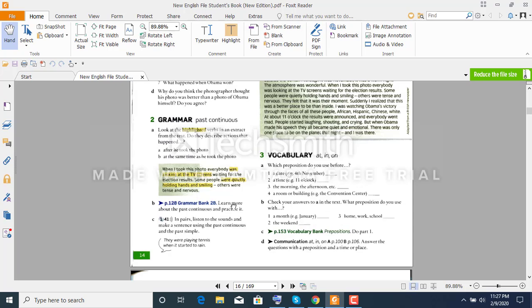So we already read the sentences here. "Was looking at the TV screen and were quietly holding hands and smiling." So from these two sentences, which describe after he took the photo?